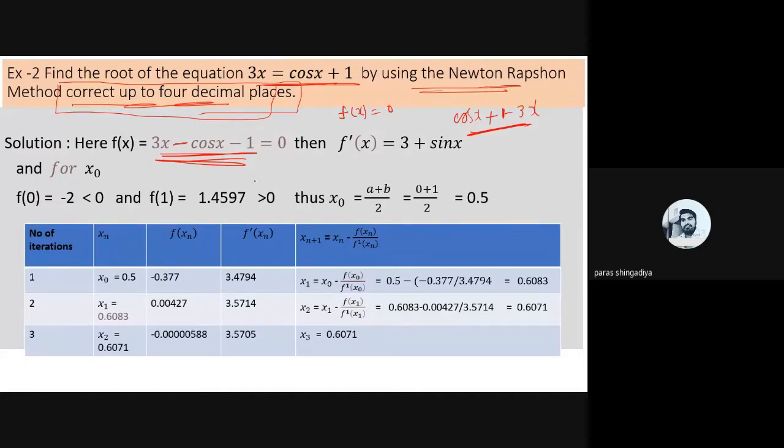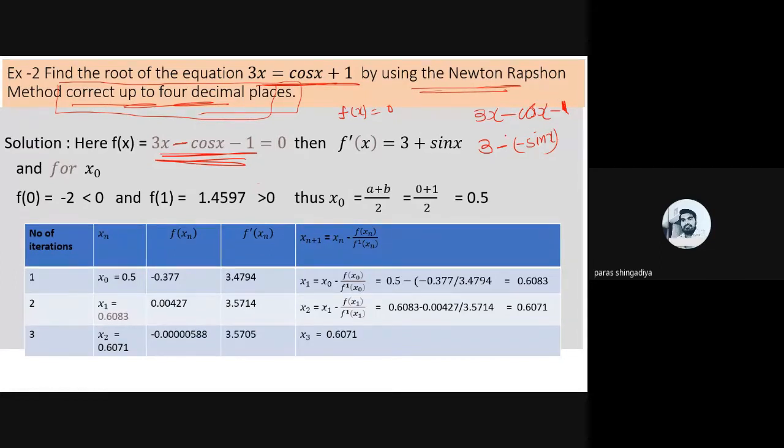And now its derivative. We have 3x minus cos x minus 1. The derivative of 3x will be 3, the derivative of cos x will be minus sin x, and the derivative of minus 1 will be 0. That is a simple differentiation formula. The derivative of 3x will be 3, and minus cos x will be minus of minus sin x.